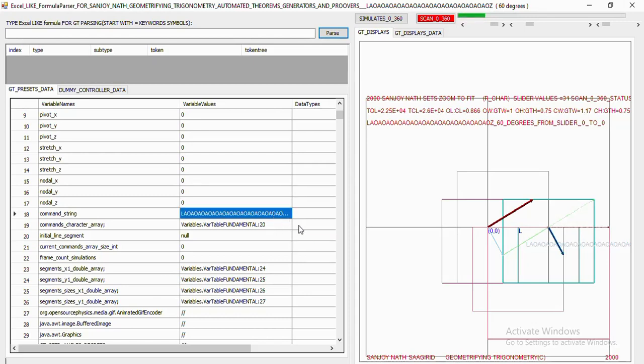Every Gtsimplex has an initial line segment, and after the trigonometry expression is worked out on the given line segment, due to the algorithms of Sanjoy Nath's geometrifying trigonometry, the whole algorithm is inbuilt inside this exe file, and you can call that as a reference from any other exe or any other DLL, and you can get the effects.